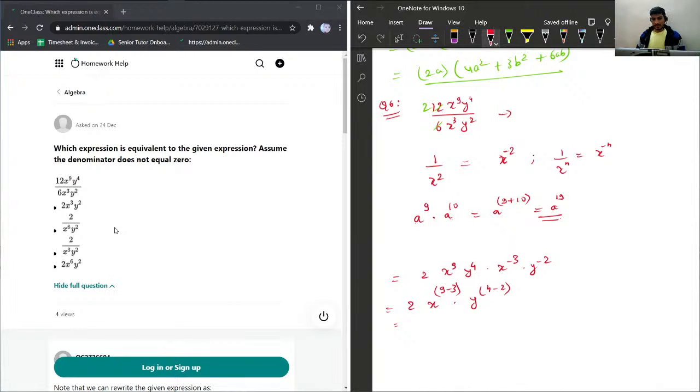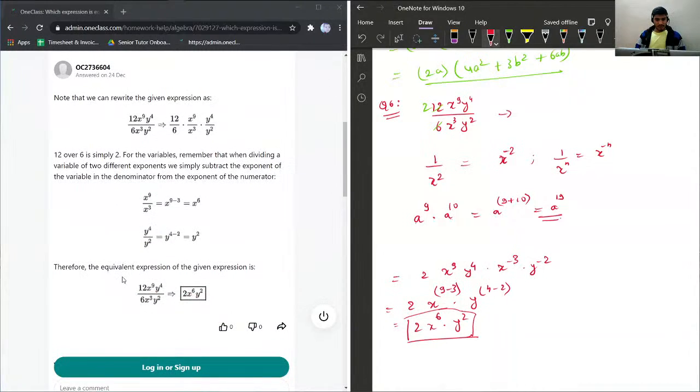So 9 minus 3 will be 6, and 4 minus 2 will be 2. This is the final answer which we are getting. Let's check whether this answer is given in the options. Yeah, the last option is the correct answer.